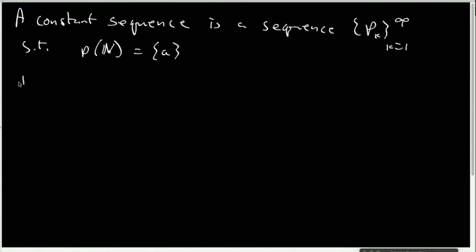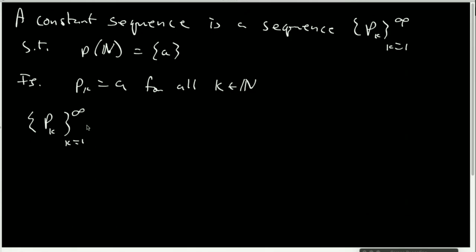In other words, pk is equal to a for all k inside the natural numbers. What this means is that this sequence is a very dull, boring sequence. It is a, a, a, and that list of a's goes on forever.